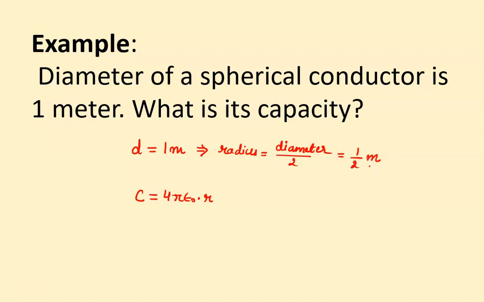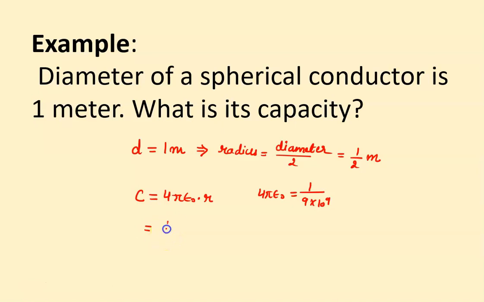So this is the value of your radius, and you know the value of the constant 4 pi epsilon naught is 9 into 10 raised to power 9. So put both the values over here, and you will get the capacitance.